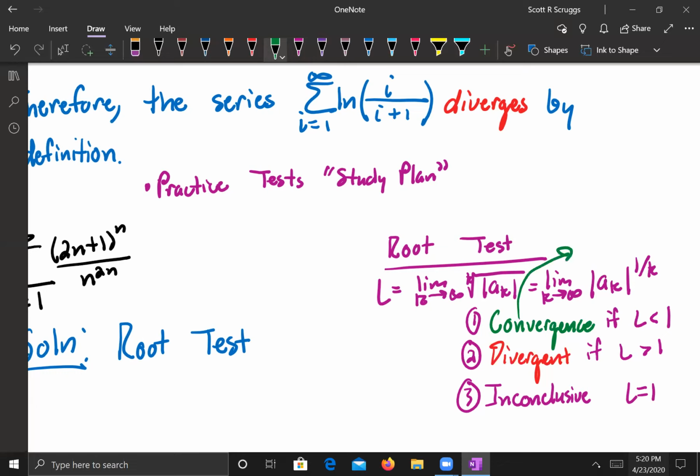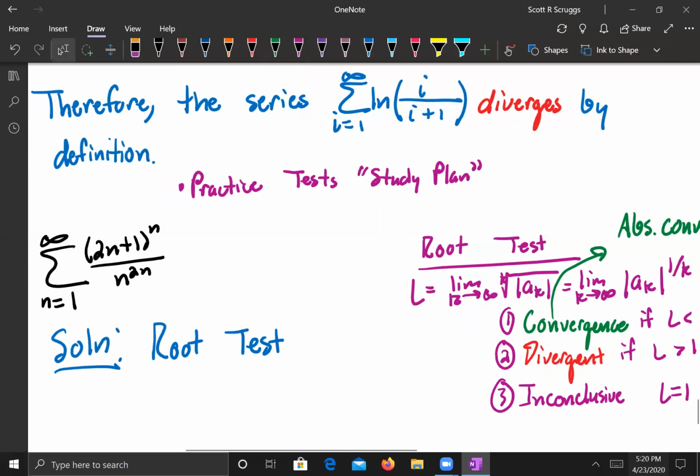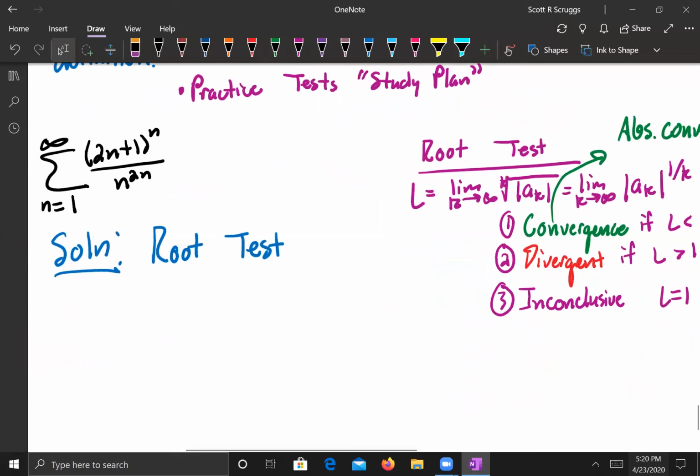And with the root test, I don't just get to say convergence. The root and the ratio tests are very powerful in the sense that if the series converges by this test, it's absolutely convergent. So let's try that out with the series that we have before us.